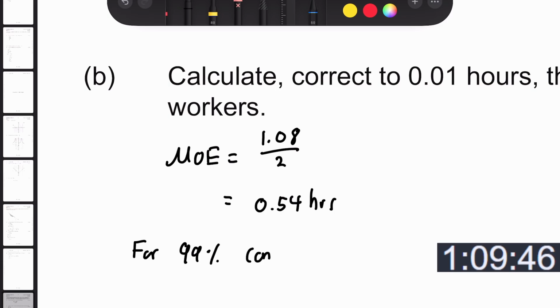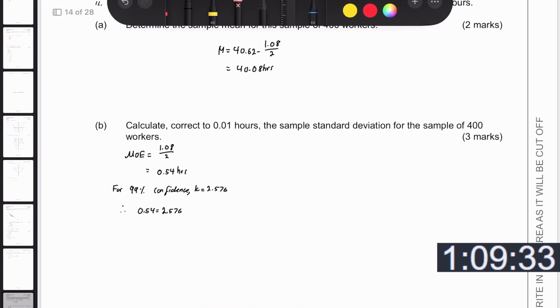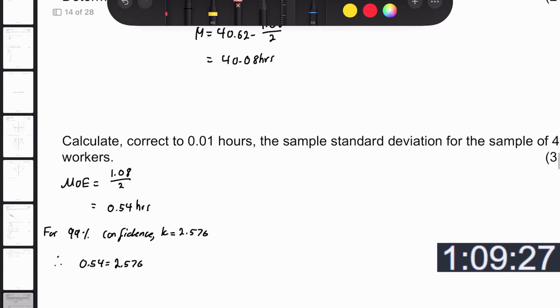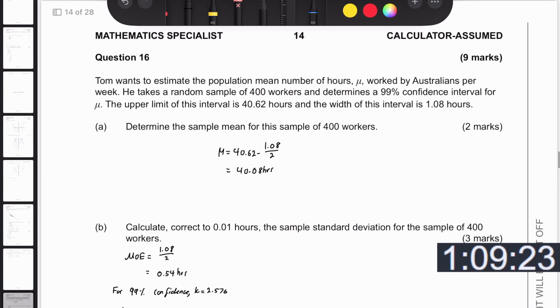And k is equal to 2.576. Therefore, 0.54 is going to equal 2.576 times the sample standard deviation, not the sample mean. The sample.